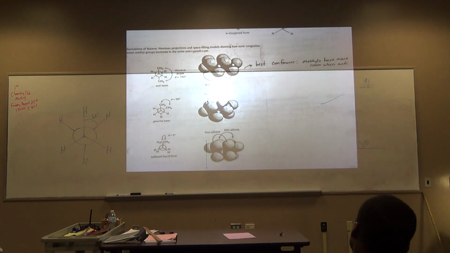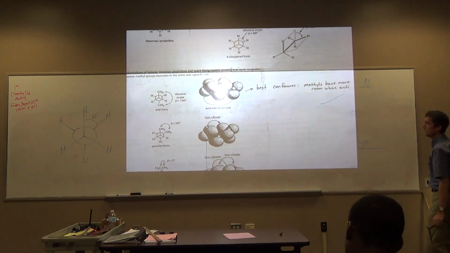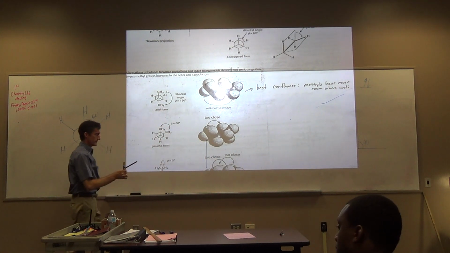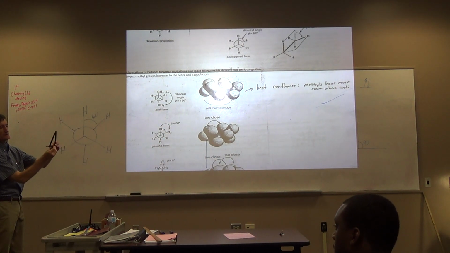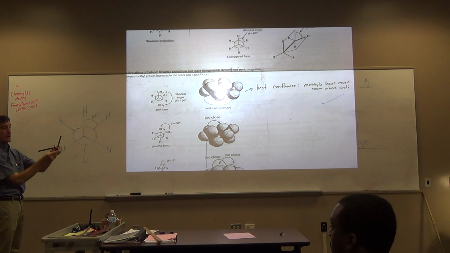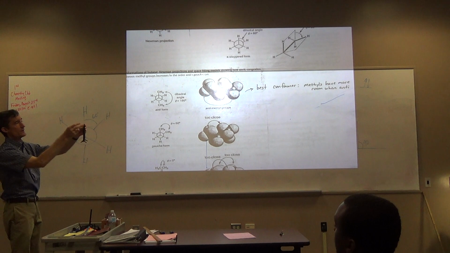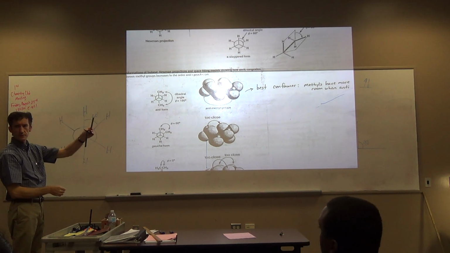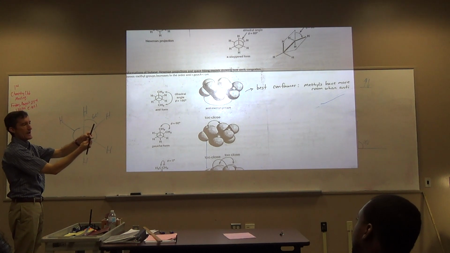You can also see these space-filling models. Ultimately, anti is best. When this thing can spin around, it's best, and we asked this question when we started. How are these tubes going to exist to each other? And the answer is they would rather be kind of opposite to each other. Okay? And that's called anti.